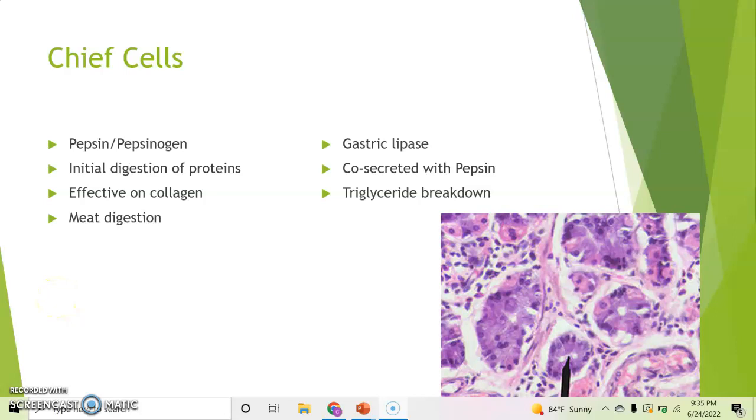Okay, so now this is my slide on chief cells, and chief cells secrete enzymes, pepsin and gastric lipase. And pepsin is actually initially secreted as pepsinogen, but the acid stimulates the release of pepsinogen from the chief cells.